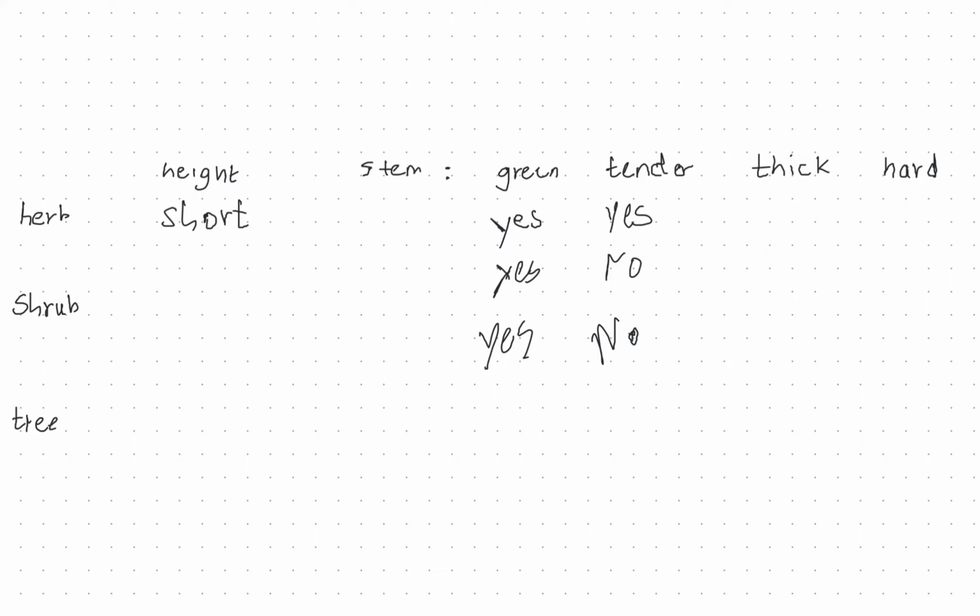Okay, write another column. After green, tender, thick and hard, add another line. The stem is placed at the base. That is one of it. And another thing is the stem is placed higher up. Ma'am, repeat? So after you have written green, tender, thick, hard, write another column. The heading is the stem is placed at the base, and the stem is placed higher up.